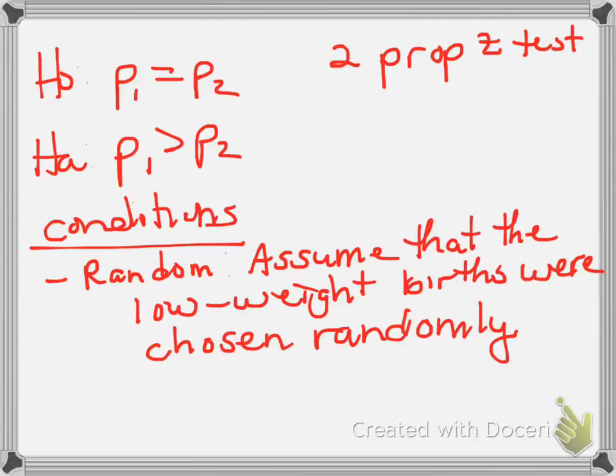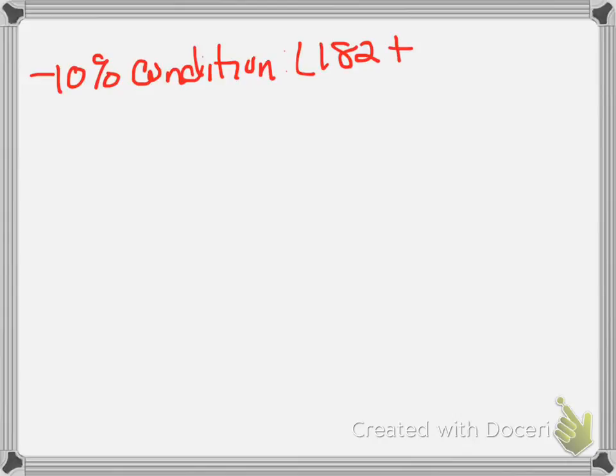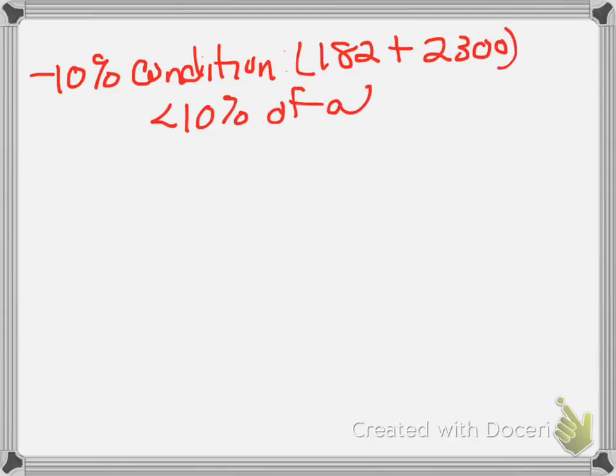Okay, so I'm going to assume that the low-weight births were chosen randomly. Okay, next I'm going to do the 10% condition, and you have to write out 10% condition. I'm just going to add up my n's. So I have 182 plus 2300 are less than 10% of all births.